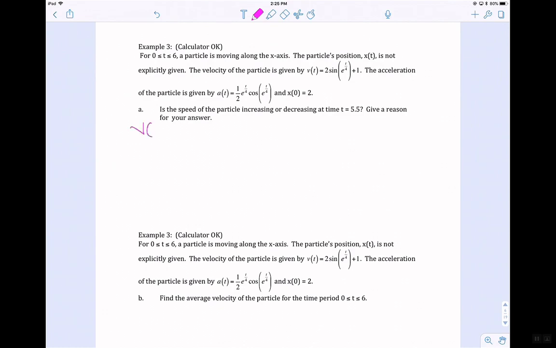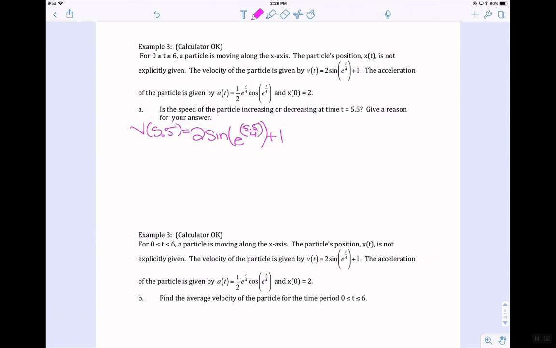So v of 5.5 is equal to 2 sine of e to the 5.5 divided by 4, plus 1. Remember, with your order of operations, you're probably going to have to put that 5.5 over 4 in parentheses as well.